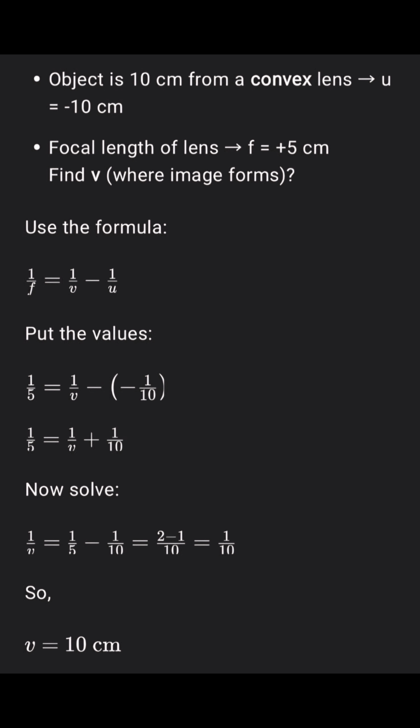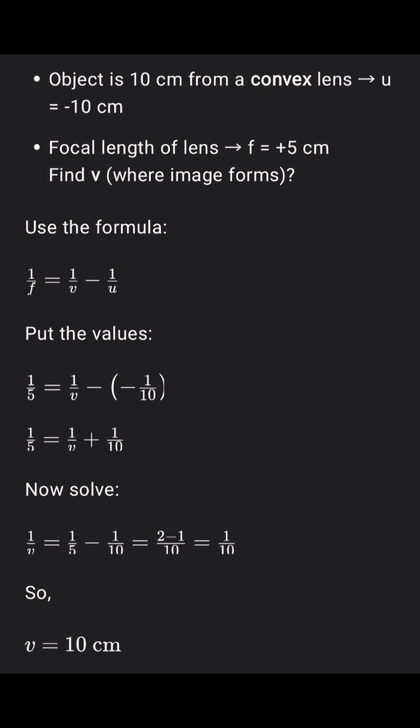So what formula will you be using? 1/f = 1/v - 1/u. So 1/5 = 1/v - (-1/10). So 1/5 = 1/v + 1/10.